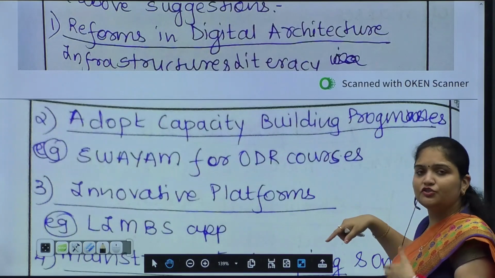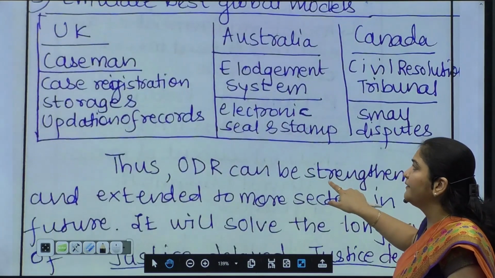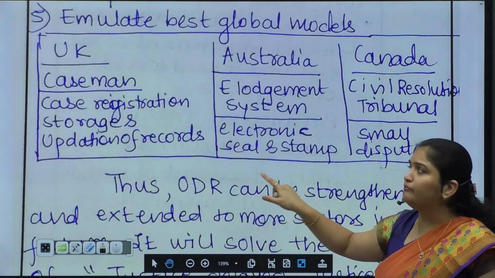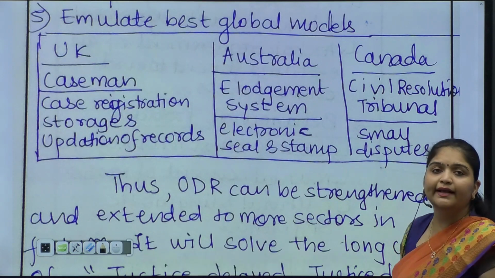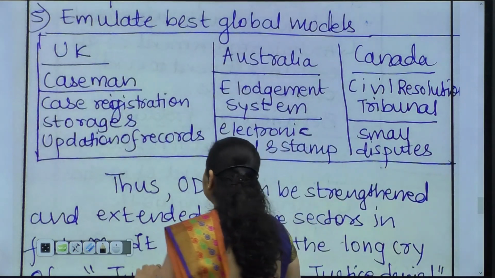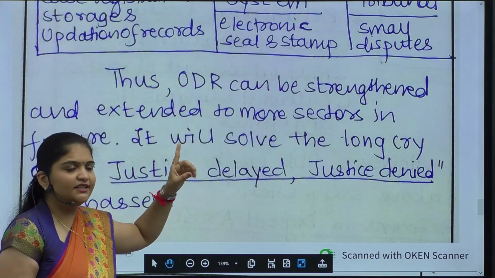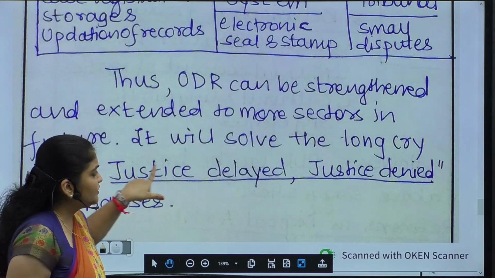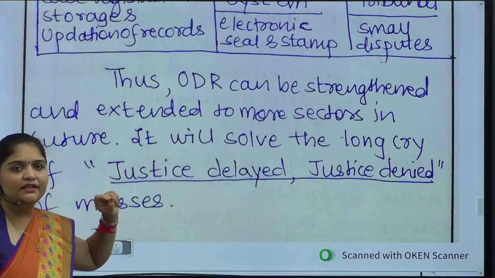And then you give suggestions on how ODR can be improved and implemented in a better format. So see, I have also given examples of best global models, UK, Australia, Canada. Fine? So in this way, where I started, the problem of justice delivery, I ended also with that. Justice delayed is justice denied. ODR will solve that problem.